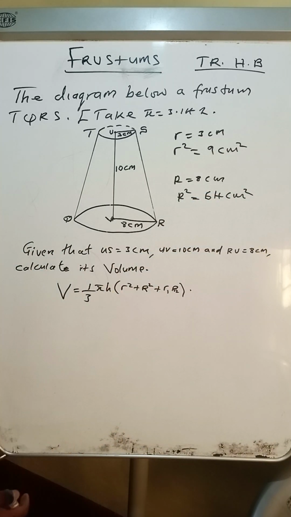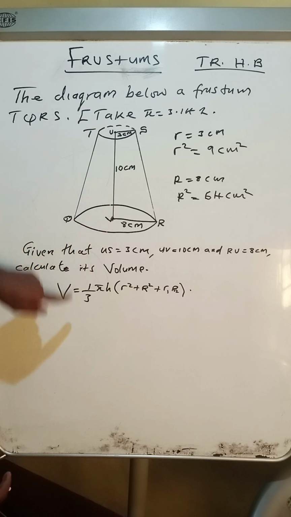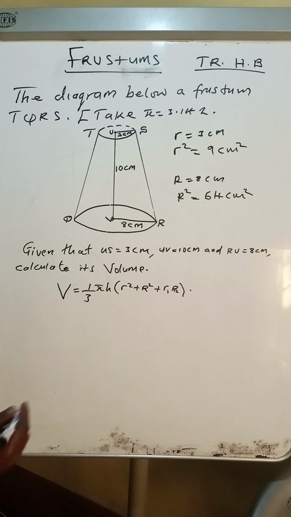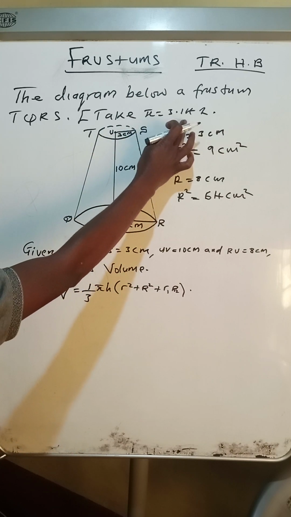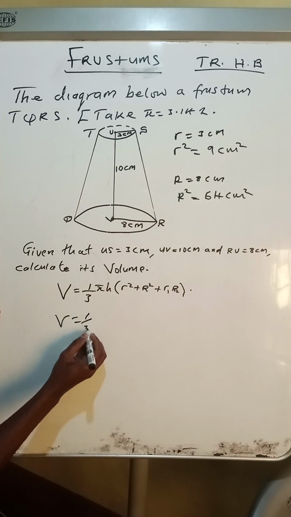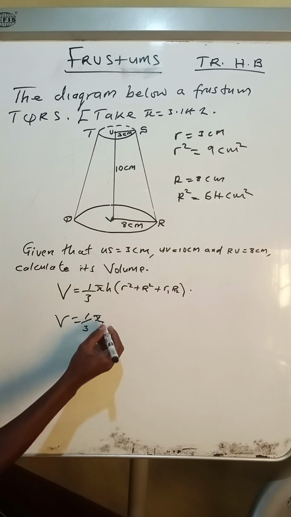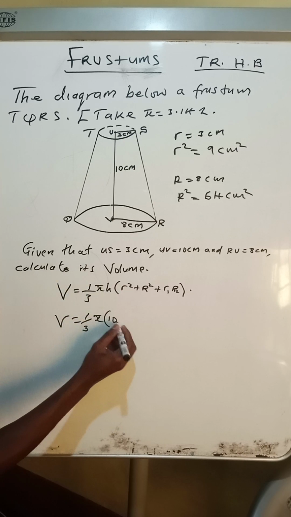Coming to the formula, we have been given the height. The height of this frustum is 10, so we substitute where there is height. We have also been taught that the value for pi is 3.142. So my volume will be equal to 1 over 3 multiplied by pi, multiplied by h, and h in this case is 10.